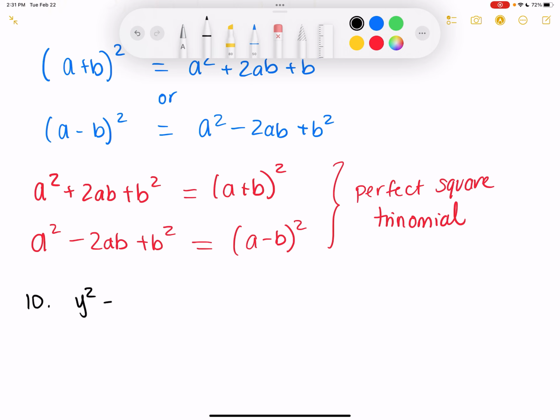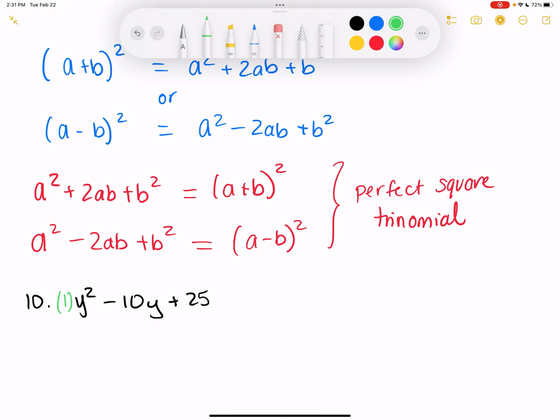y squared minus 10y plus 25. Again, these instructions specifically tell you this is a special type. But the key to recognizing why it's a special type: we can imagine that there's a 1 here.